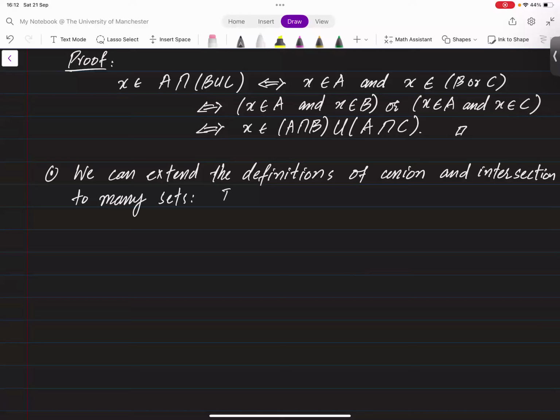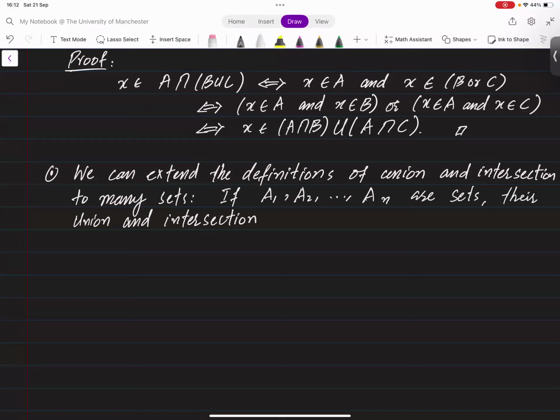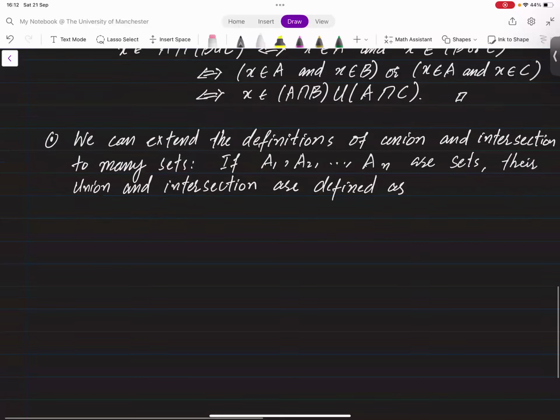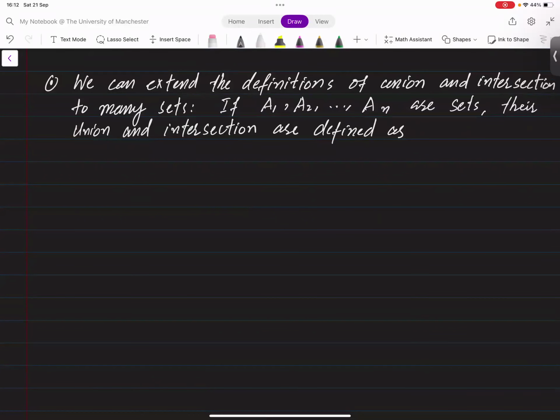That is, if we have A1, A2 up to AN as sets, then their union and intersection are defined as follows.